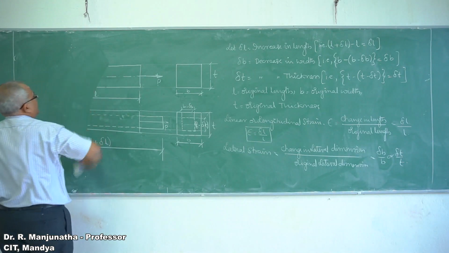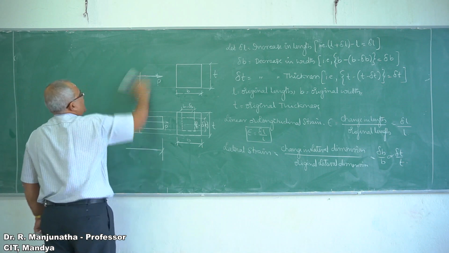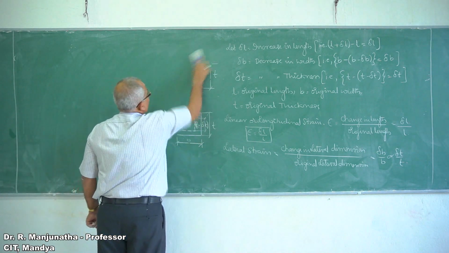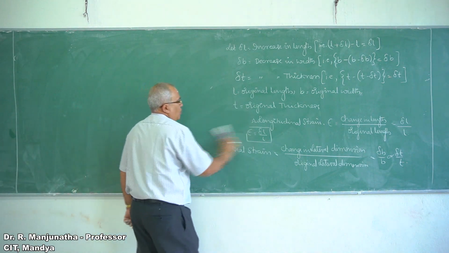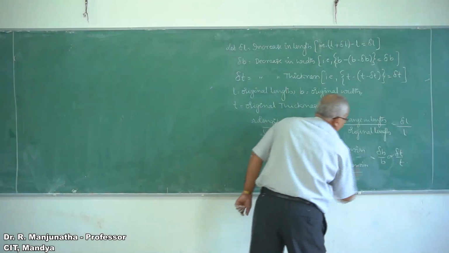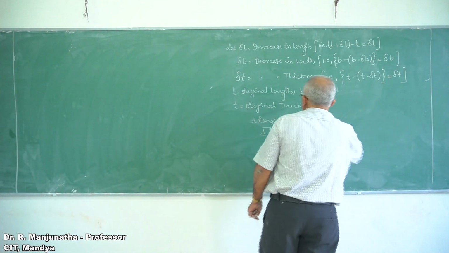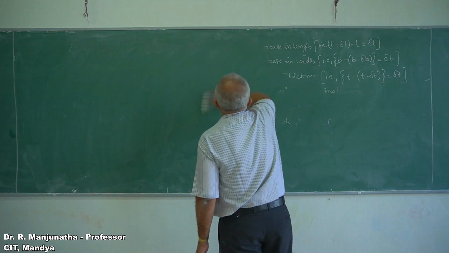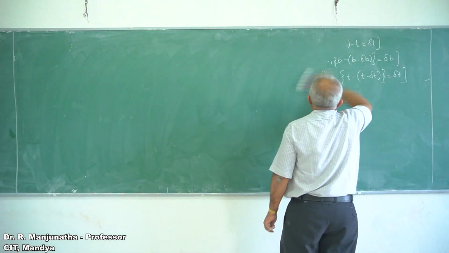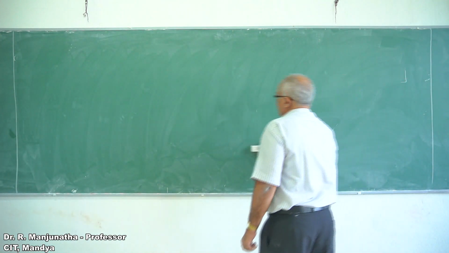So the next is the Poisson's ratio. Poisson's ratio is denoted by the letter 1 by m or mu. So what is the Poisson's ratio? It is the lateral strain divided by the longitudinal strain.